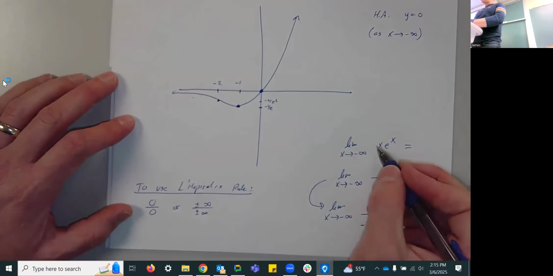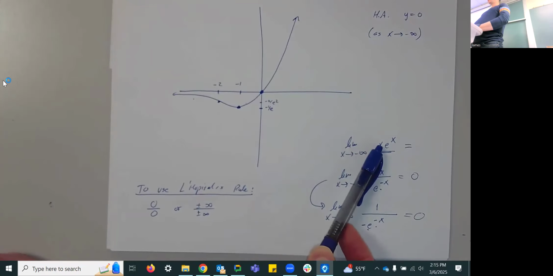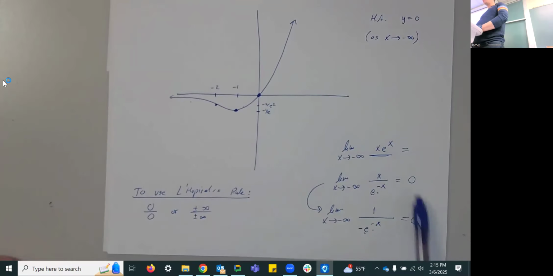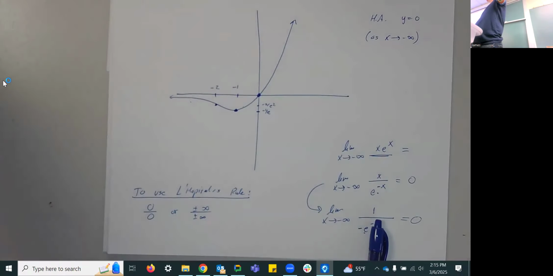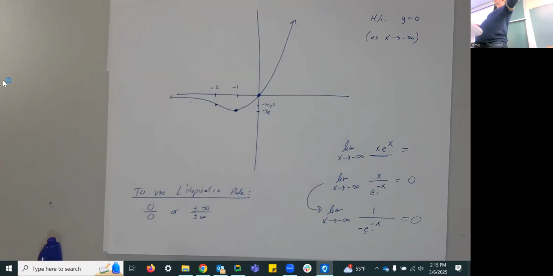We started with this, which is not either of those things. So if you have something that's indeterminate, like a really big number times a really small number, which people say is an infinity times 0, before you can correctly apply L'Hopital's rule, you have to manipulate the expression so that it's a fraction. Does it need to be a fraction? Yes, it does. And it has to be 0 over 0 or infinity over infinity, some plus or minus whatever.